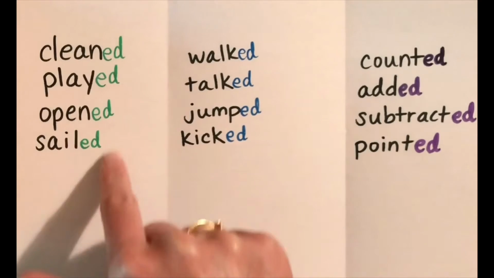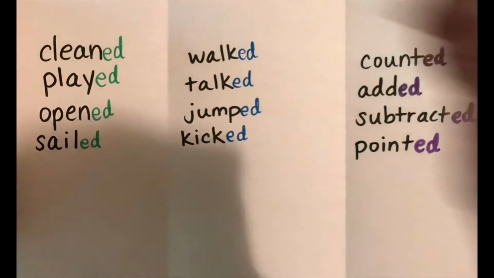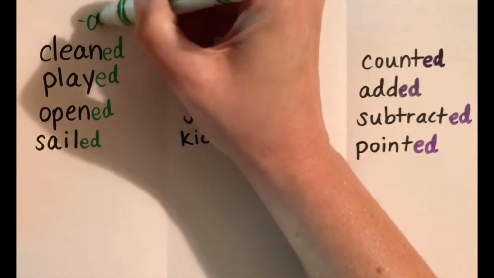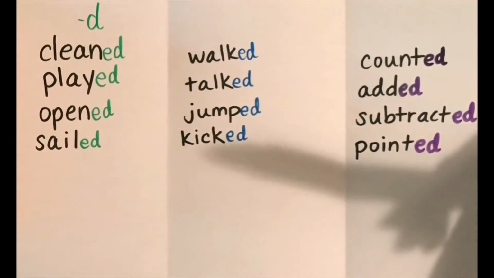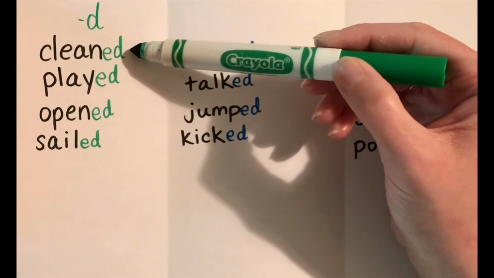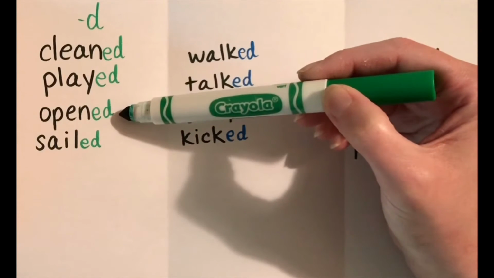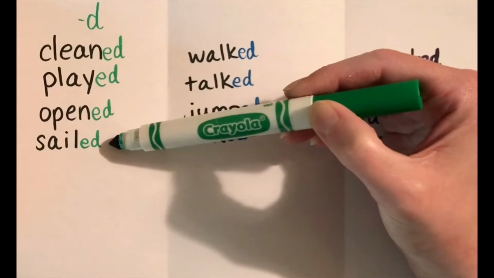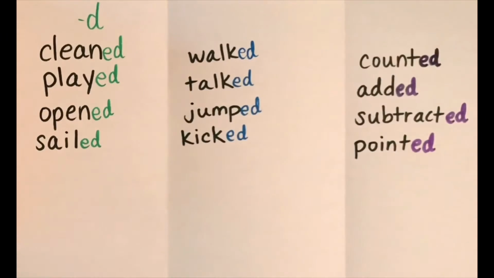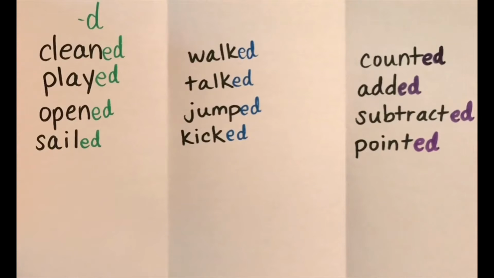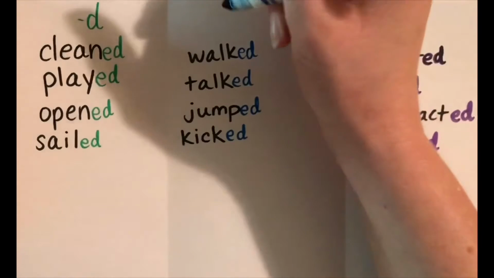In the first column, the letters ed make the sound of a letter d, duh. For example, you would read this word cleaned, played, opened, sailed. In the second column, the ed ending will actually make the sound of a t, t.